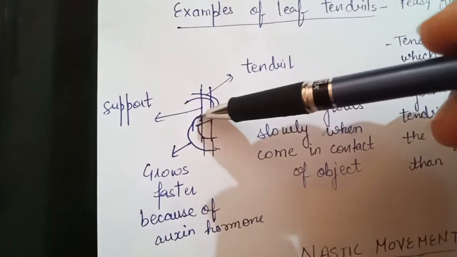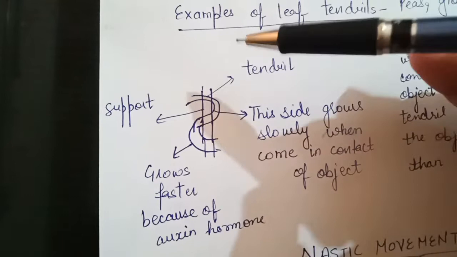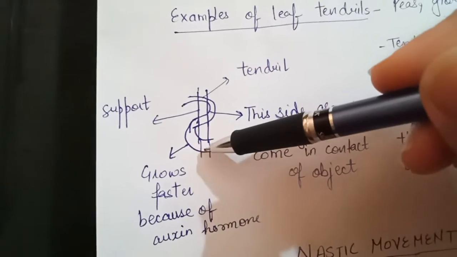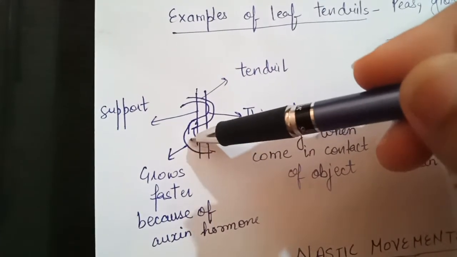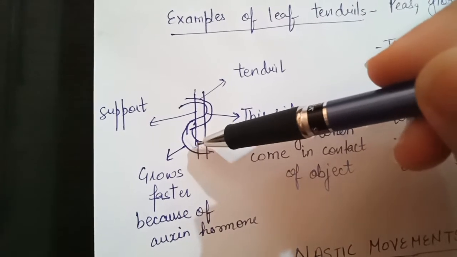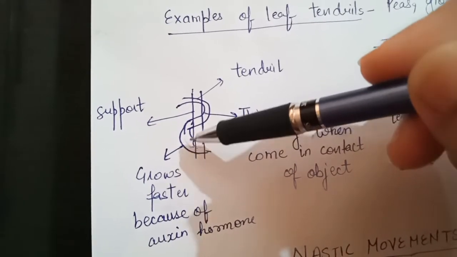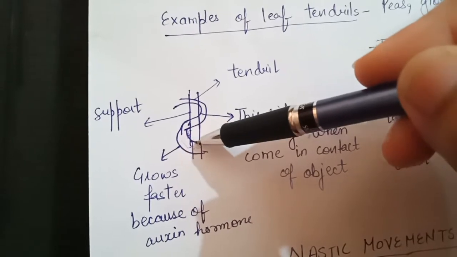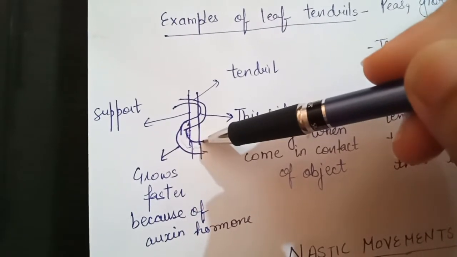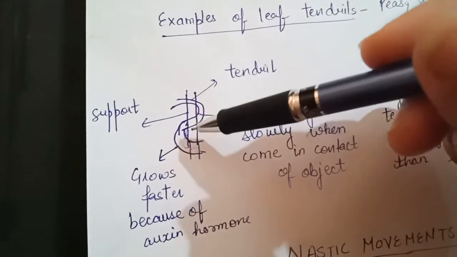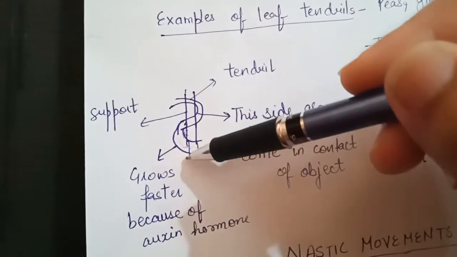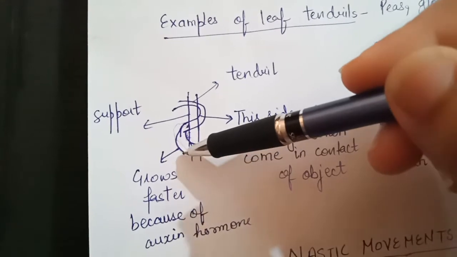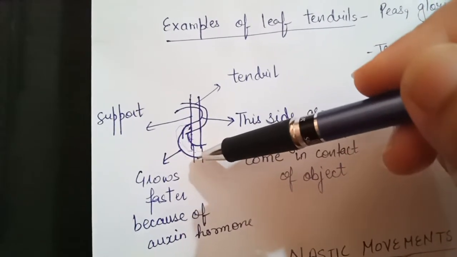When the tendril comes in contact with the support, this part coils first. The side of the tendril which is in contact with the support will show slow growth, and the opposite side of the tendril will grow faster because of the auxin hormone.